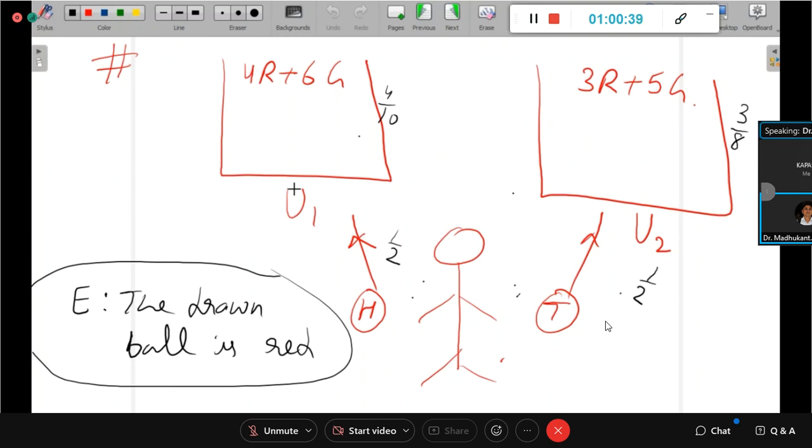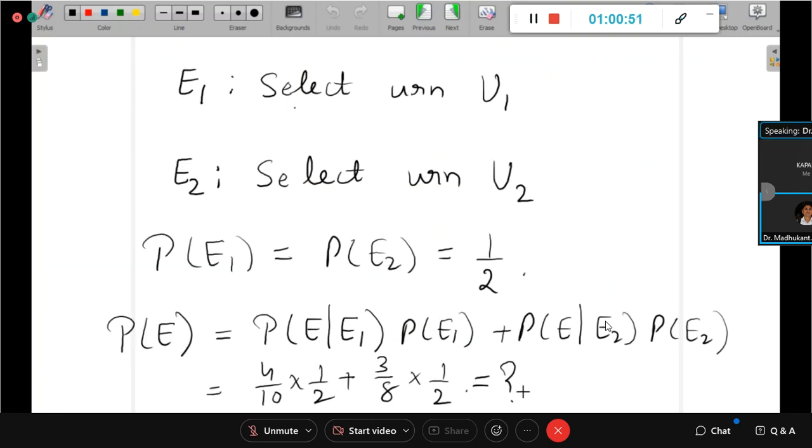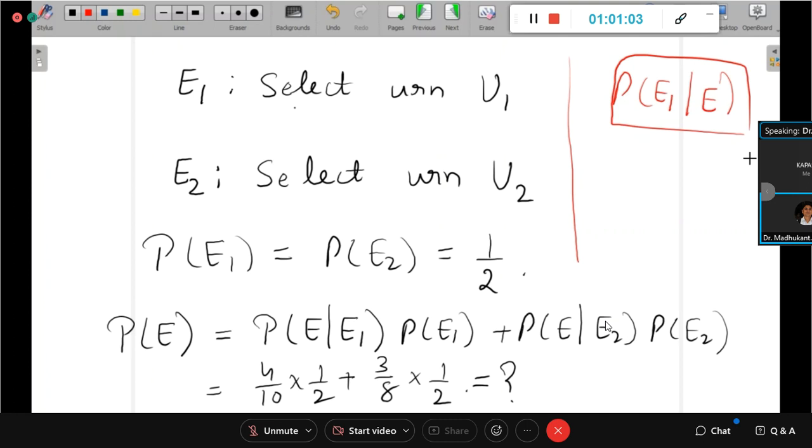Now suppose it is given to you that the drawn ball is red. In that case, what is the probability that you have selected urn 1 or urn 2? Means instead of the probability of E, now you are asking what is the probability that urn 1 was selected given that E has already occurred.